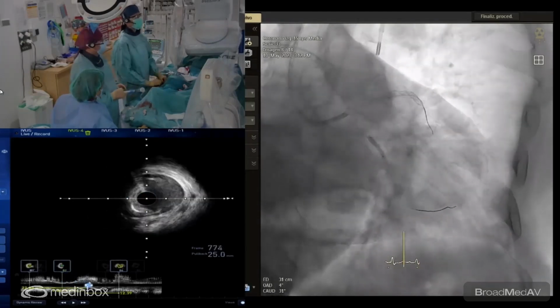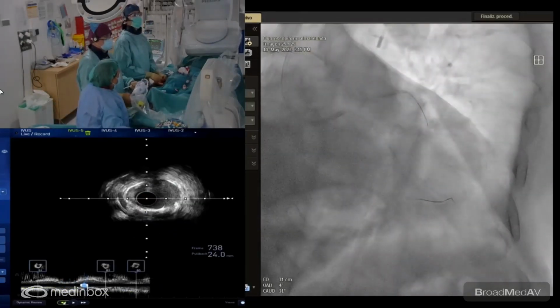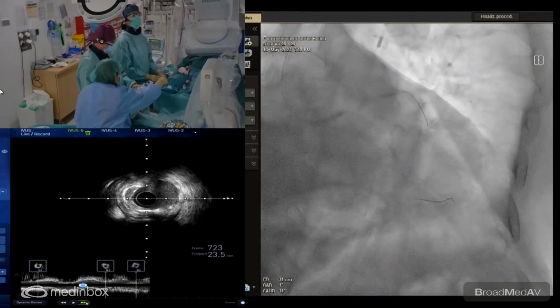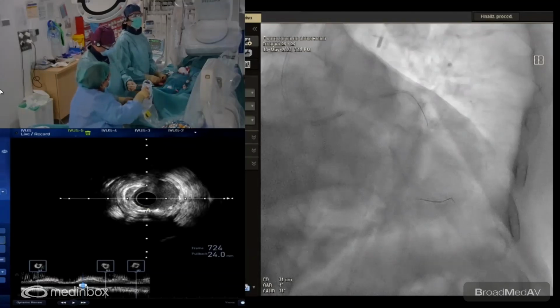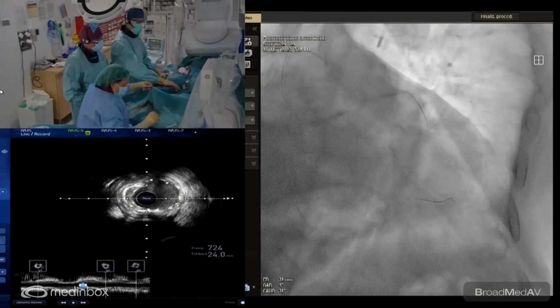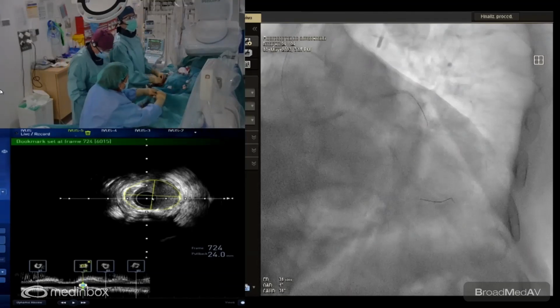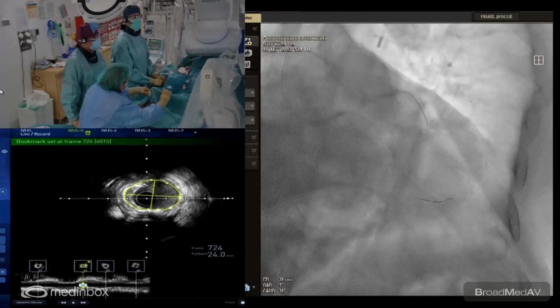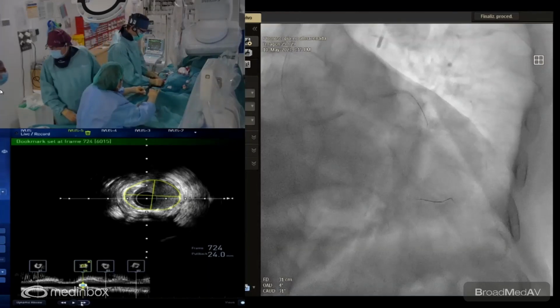Let's retrieve the balloon and do IVUS to confirm. In the meantime, we have done the IVUS. Laura is measuring the MSA. In general, the stent is okay. The distal edge of the stent is okay. There is no dissection. This is the MSA probably, near 5, but this is a smaller vessel than the LAD.